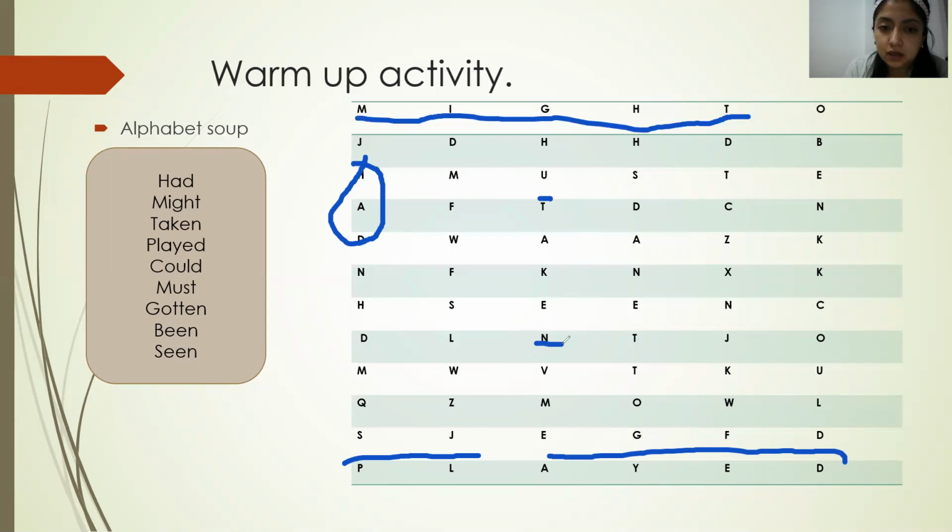And the students have to find these words. Another, must is here. Could is here. And for this word activity, they have 5 minutes to complete this.